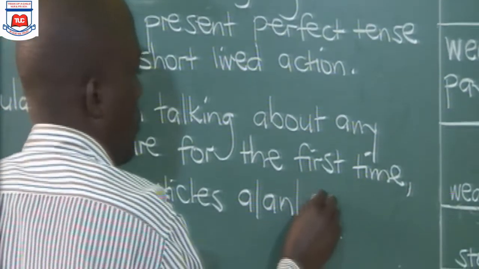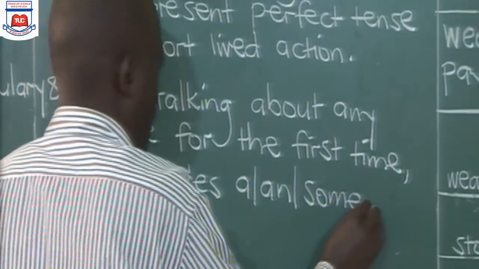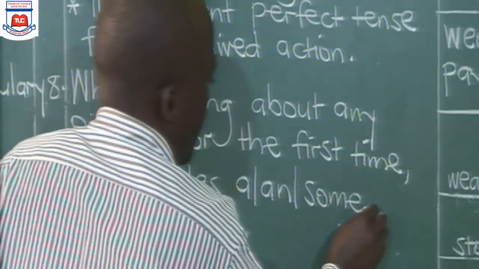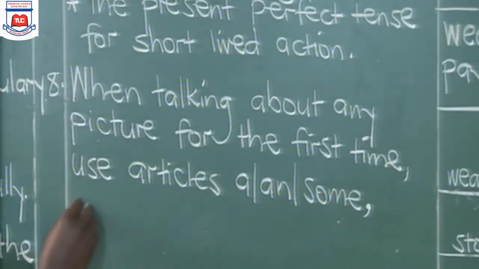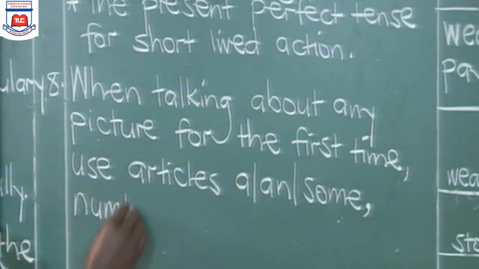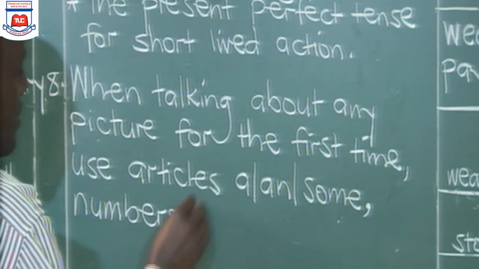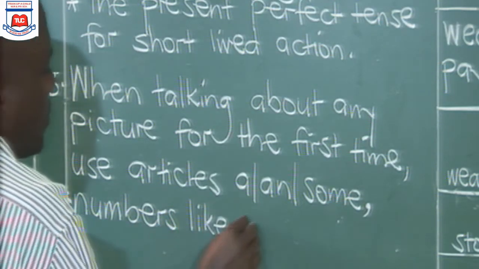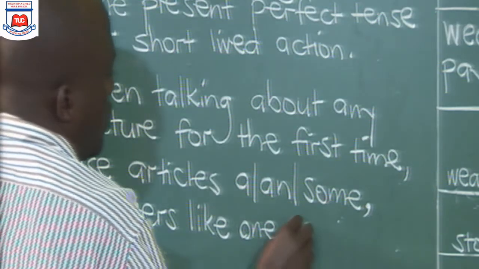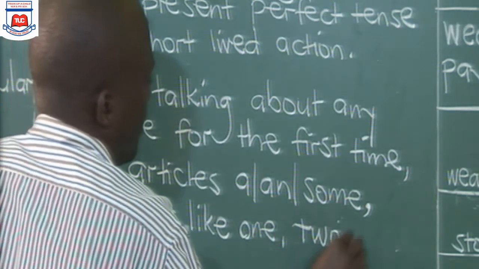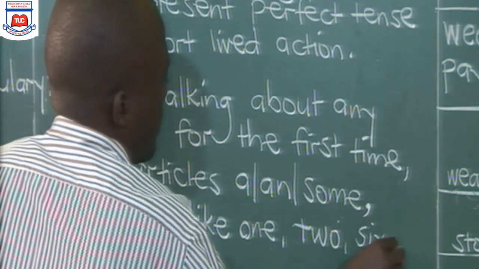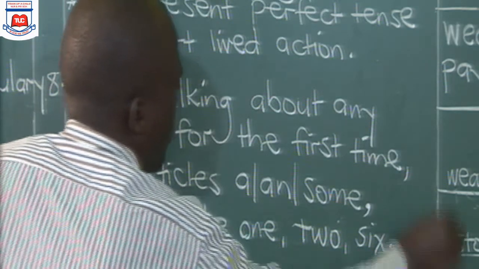We can also use "some." If it is numbers, we can also use numbers like 1, 2, 6, and so on. What do we mean here?